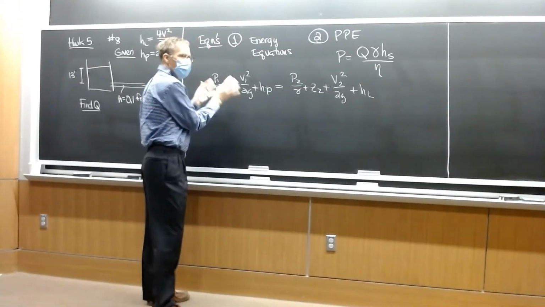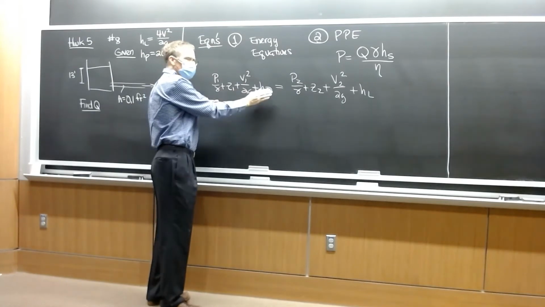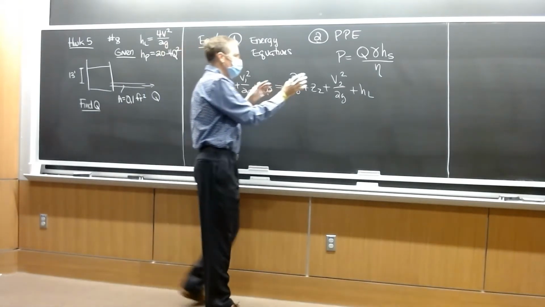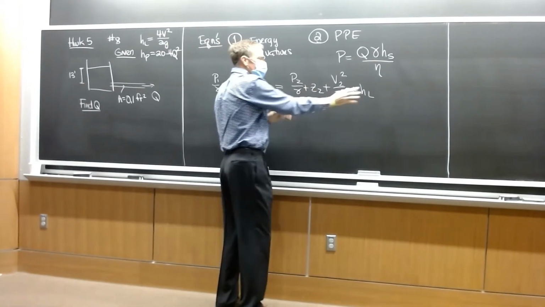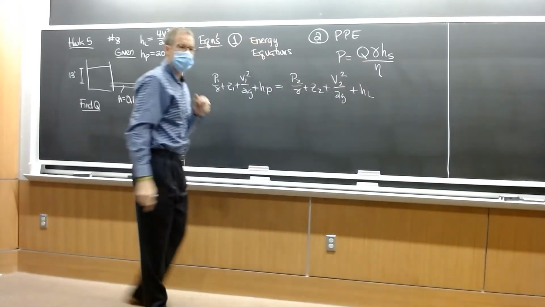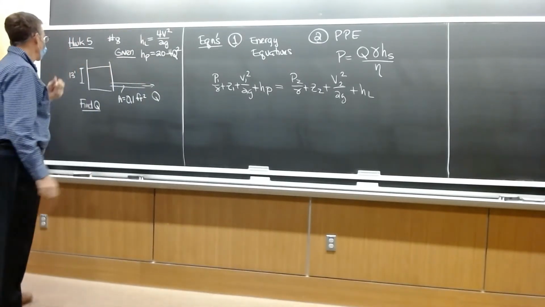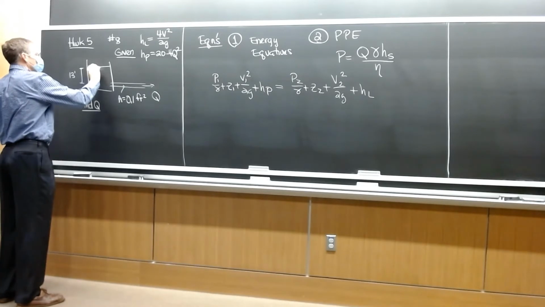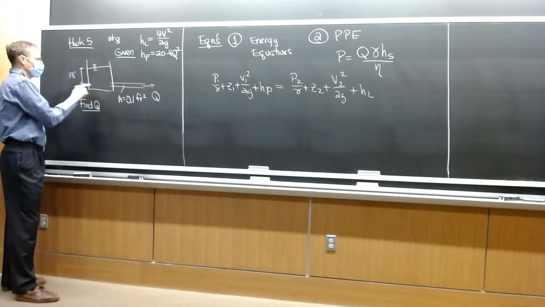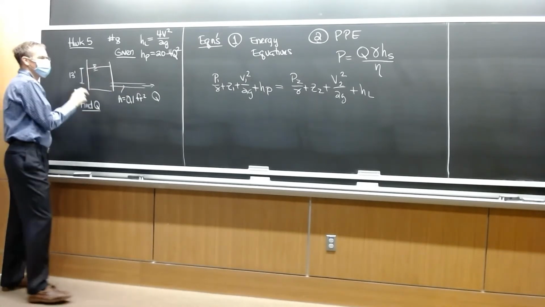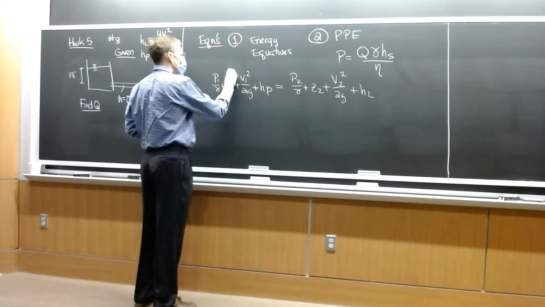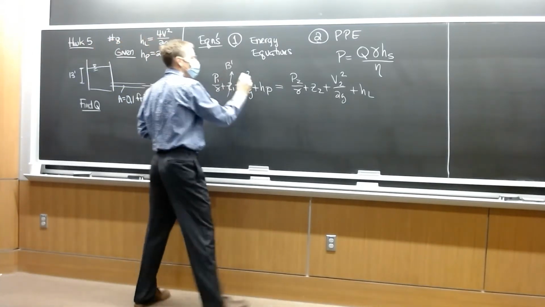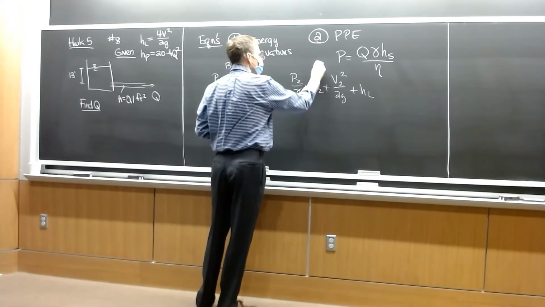Okay, upstream total energy plus whatever the pump adds equals downstream total energy plus head losses. Take our datum at this location, so and this is 13 feet, that's 0.